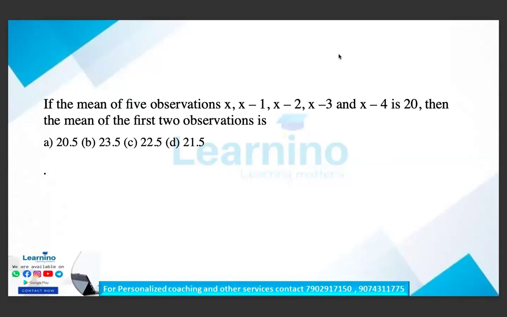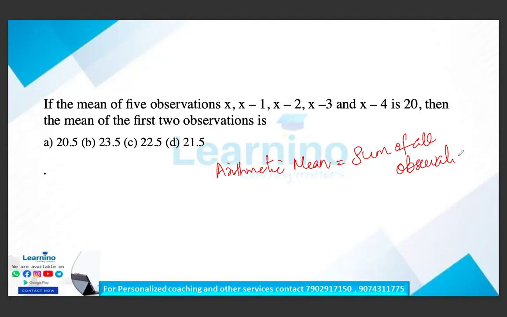If the mean of the 5 observations x, x minus 1, x minus 2, x minus 3, and x minus 4 is 20, then the mean of the first 2 observations is. Arithmetic mean equal to sum of all observations divided by total number of observations.